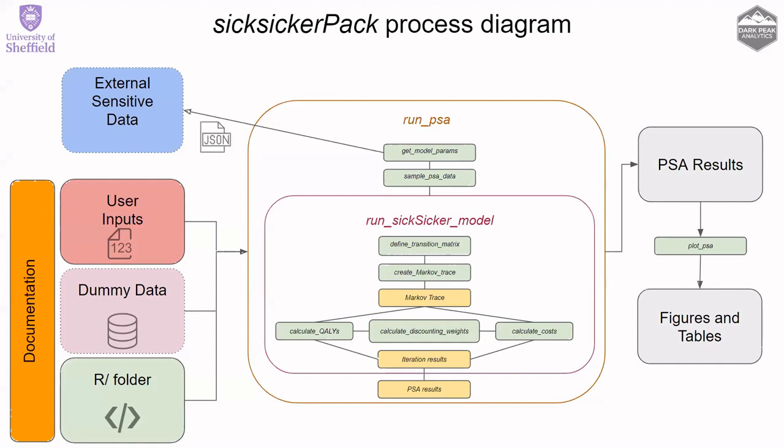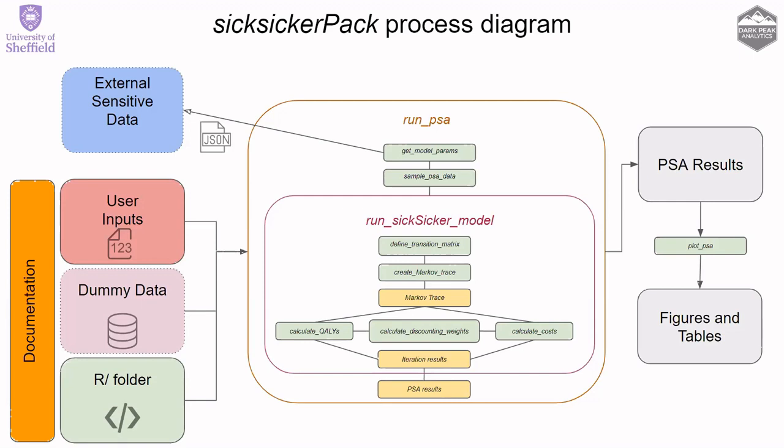It does so by using a set of user inputs and by calling other sub-functions, namely the define transition matrix, which, as the script-based model does, defines the transition matrix and passes it through to the create Markov trace, which creates a Markov trace, and then together with calculate costs and calculate qualities, they generate the cost effectiveness results.